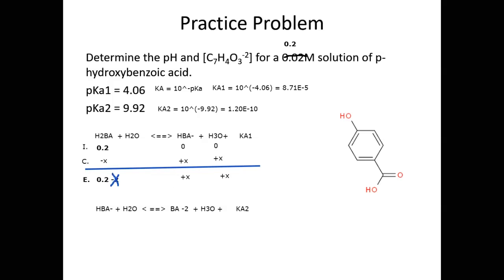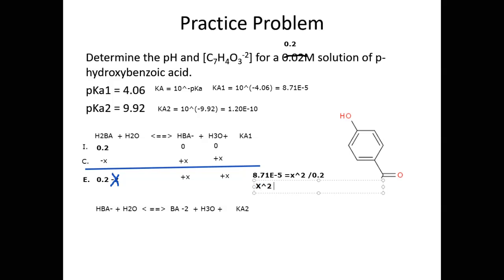And then we get 8.71 e to the negative 5th equals x squared divided by 0.2.